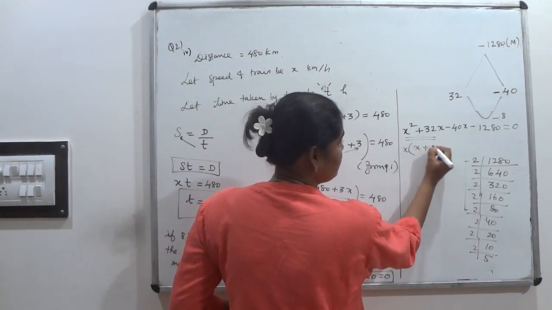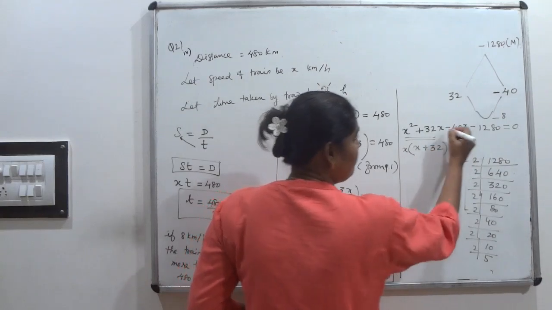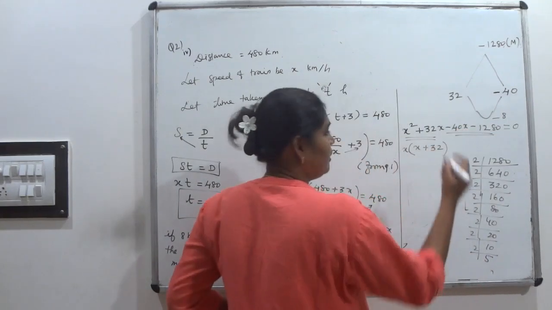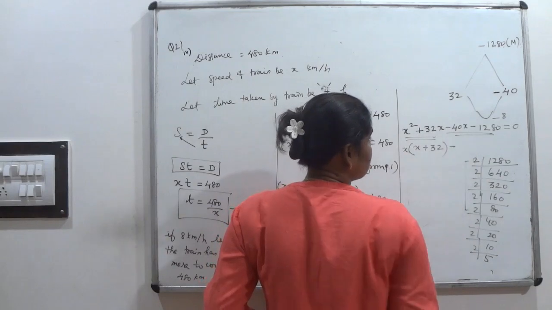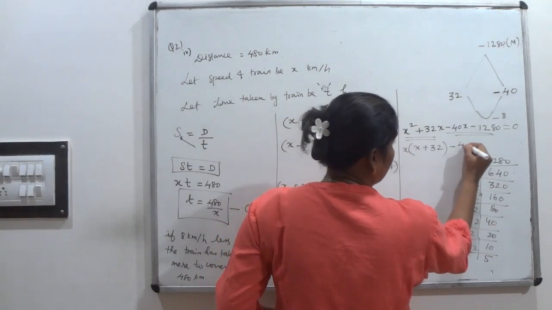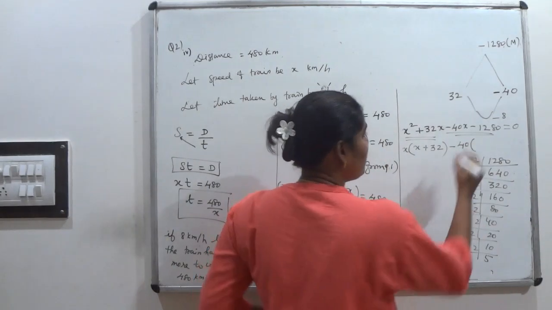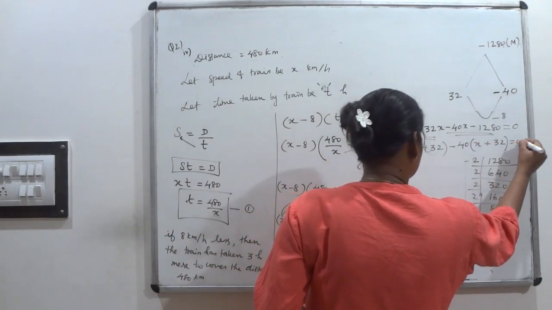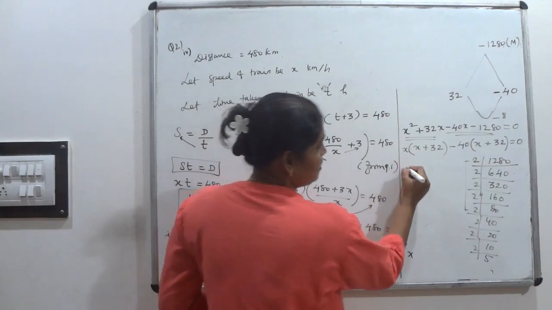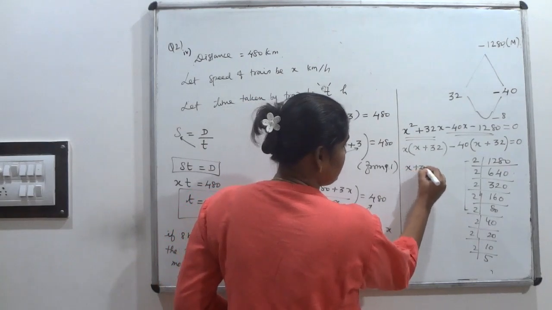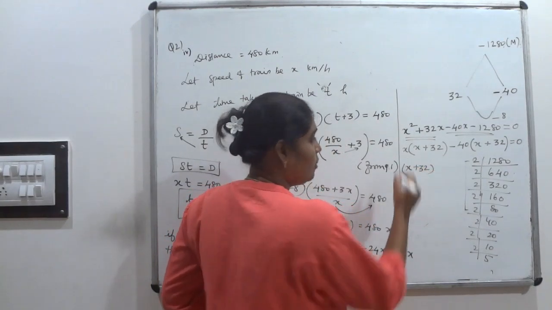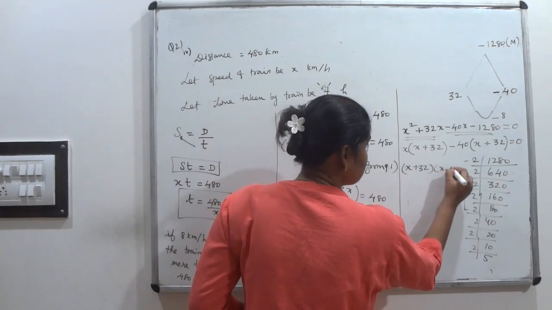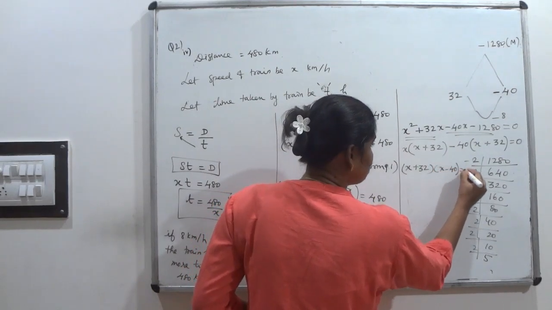So x times x plus 32. From these two terms, what can you take out? Minus 40. So you will get x plus 32. So x plus 32 is a common factor. Take it out. What is left over here? x minus 40 equal to 0.